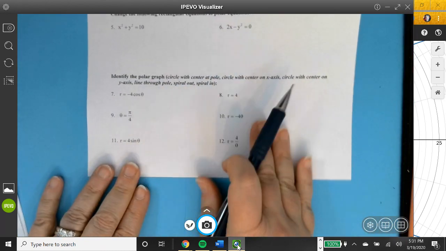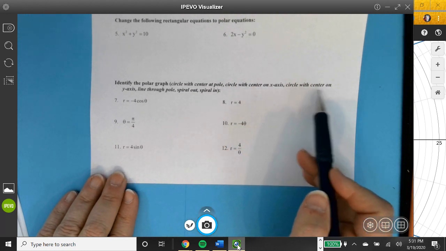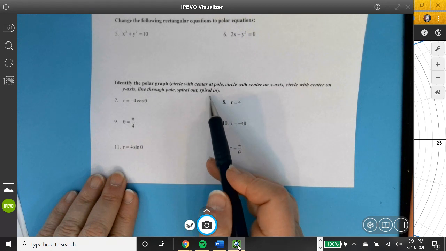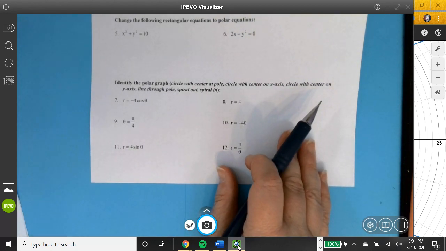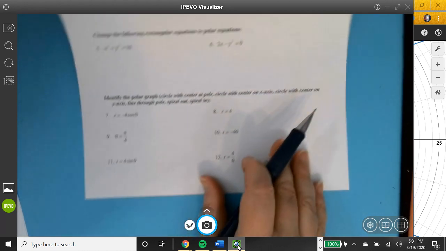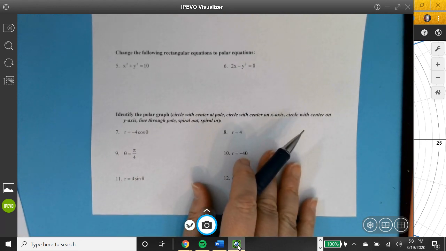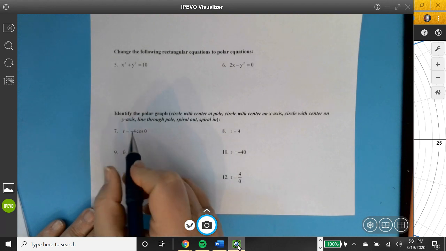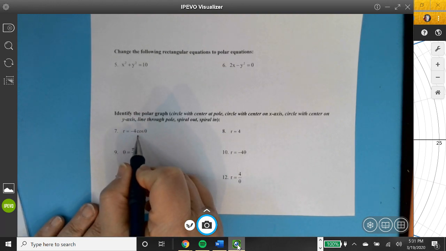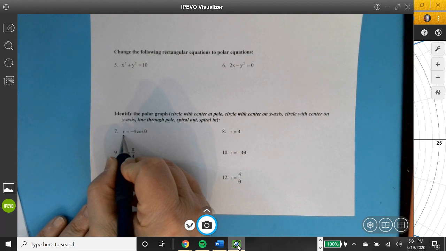It says identify the polar graph as a circle with center at the pole, circle with the center on the x-axis, circle with the center on the y-axis, a line through the pole, spiral out, spiral in. Okay? All right. So what I like to think about is this is a cosine, right? And if we were to change this to polar form, what would we do?